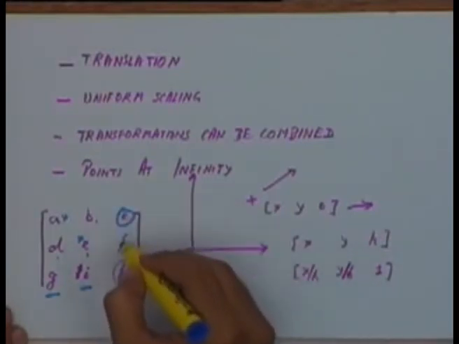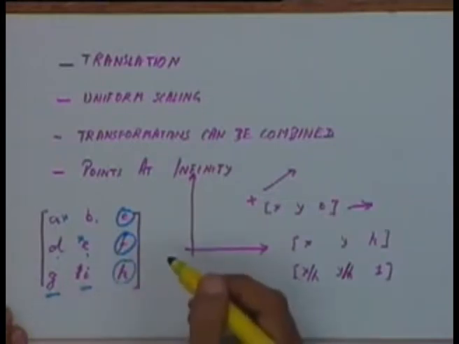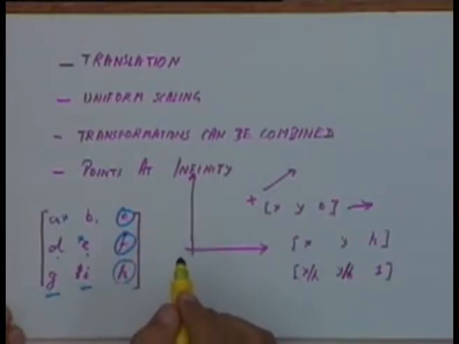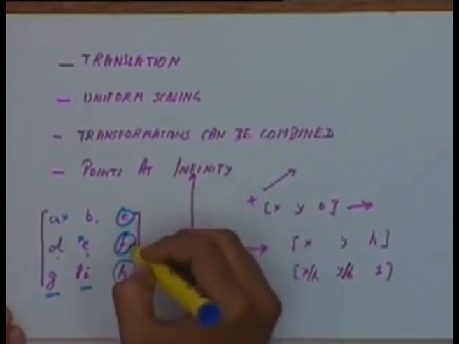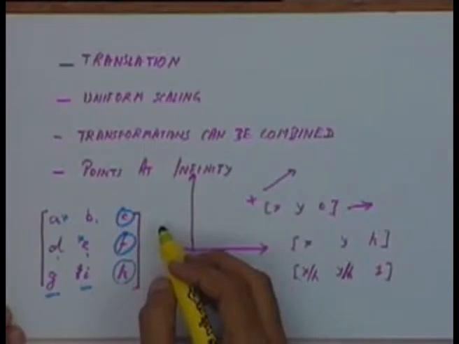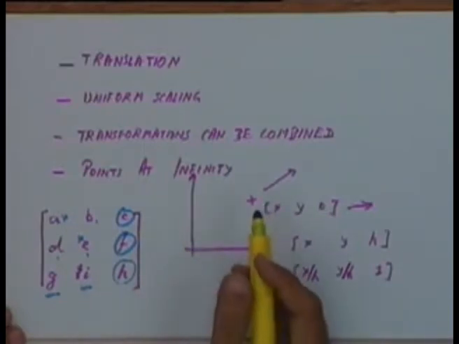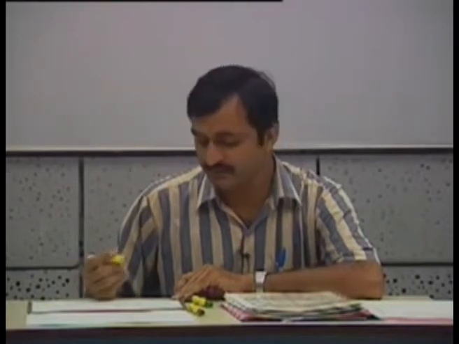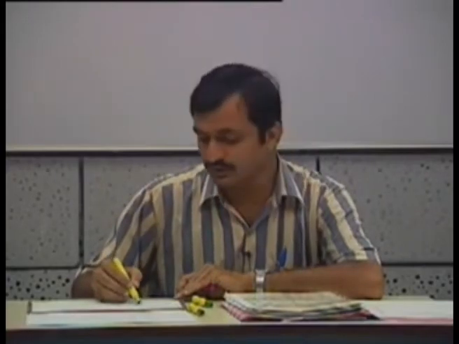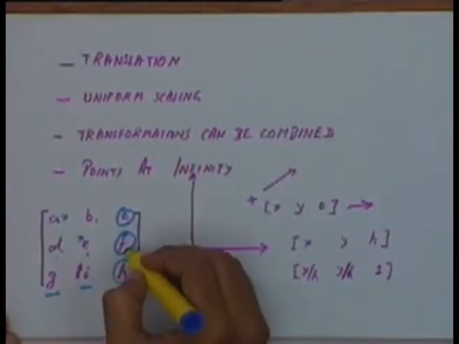So far, these 2 we have retained at 0 for all transformations. We have not tried to modify these 2. We will see later on that these 2 are used for capturing perspective transformations. Do you know what the perspective view is? No? You will see that later. If you want to capture the perspective view of any object, then we will be using these two coordinates to capture the perspective transformation.